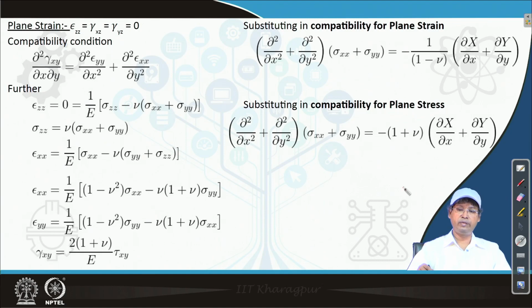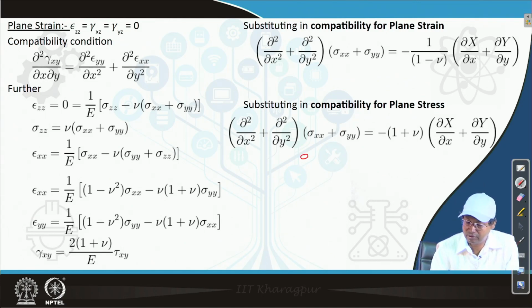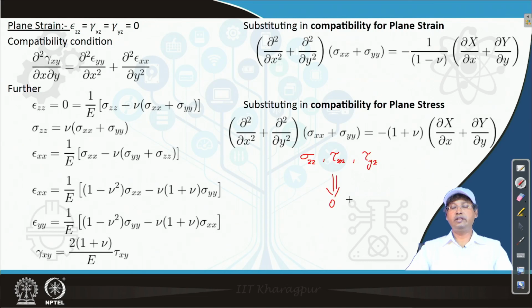This is for plane stress condition, that means sigma z z and tau in this case, all these are equal to 0. So, considering that we have got this equation.